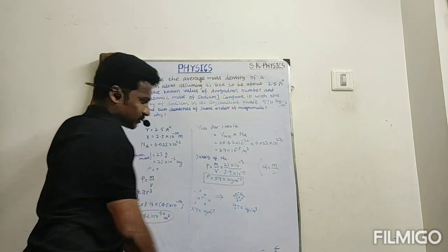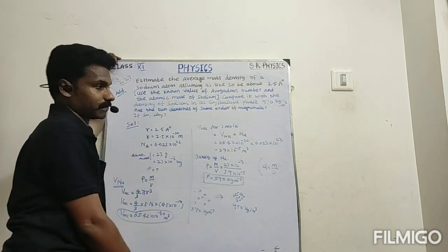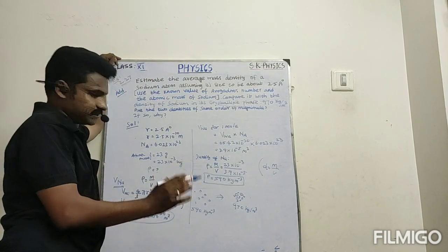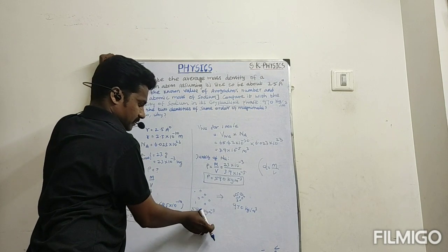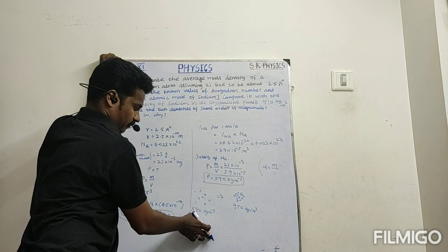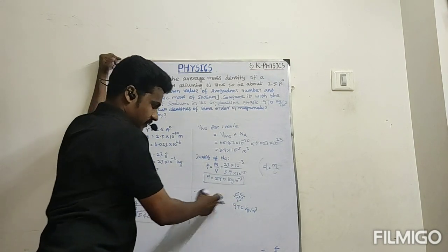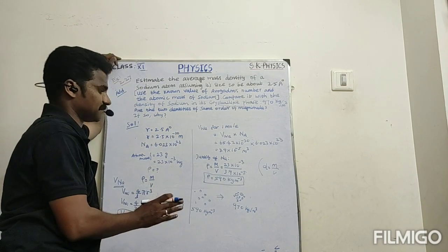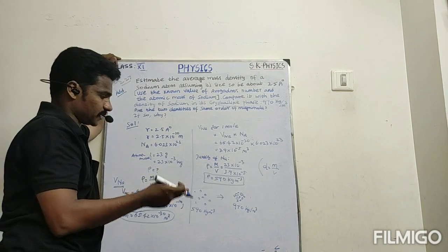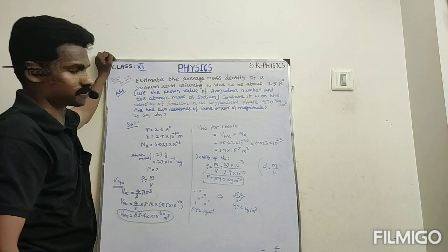That increased density is 970 kilogram per meter cube in the crystalline phase, but the order will be the same. Both are of the order 10 power 2, 590 here and 970 there. So the order will be the same, but the magnitude is changing. That means the density is increasing. Okay students, thank you.